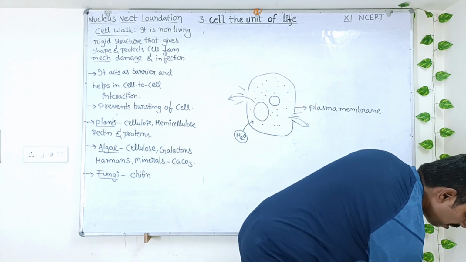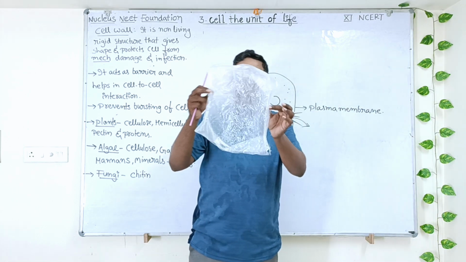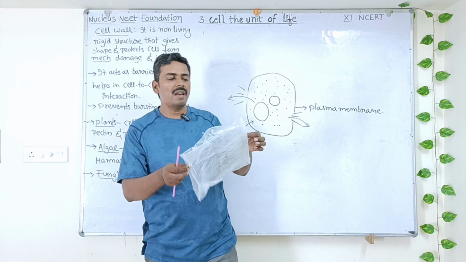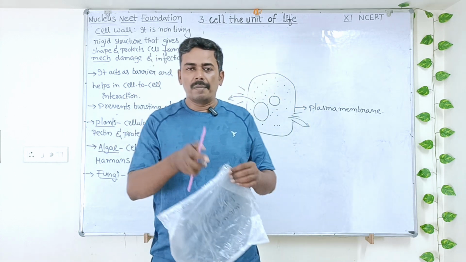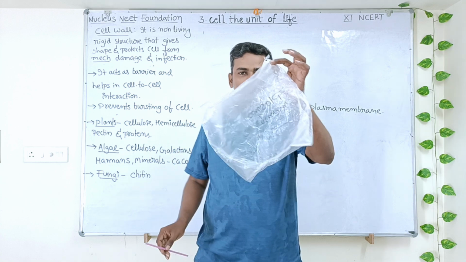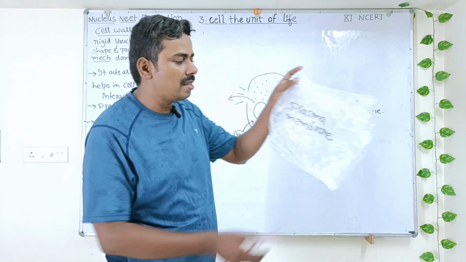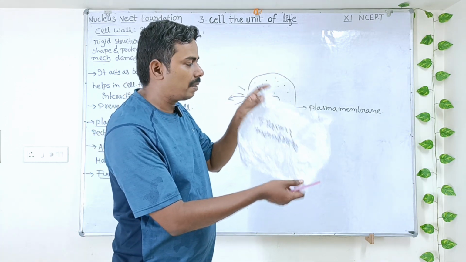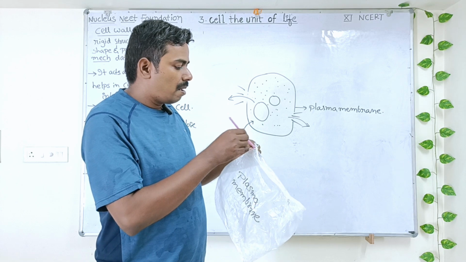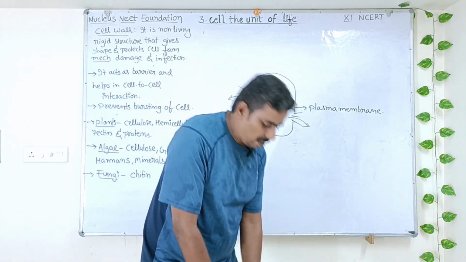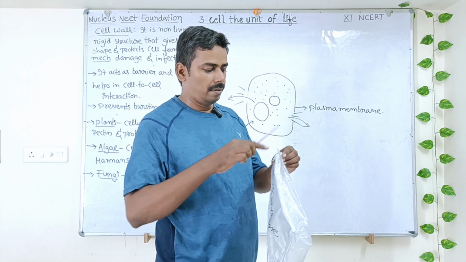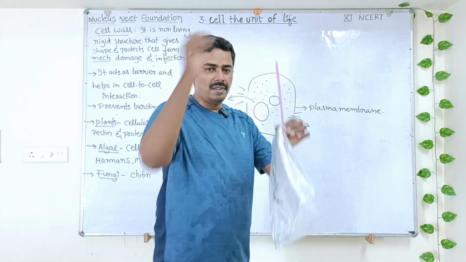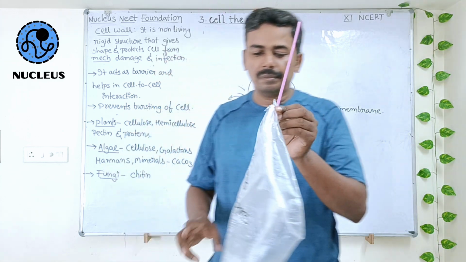Students, I have made a polythene cover balloon. I have sealed this polythene cover, and by using this straw, I am going to inflate it. Imagine that this is a plasma membrane. I am inserting the straw into this polythene bag. I have inserted the straw into the polythene bag.